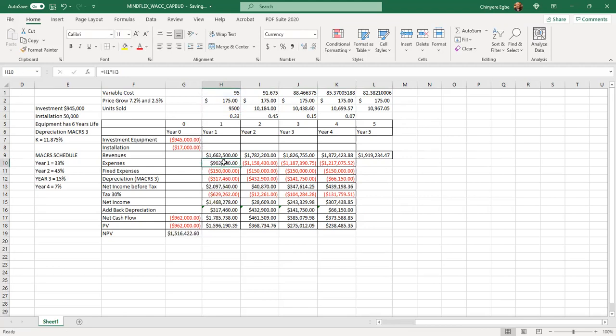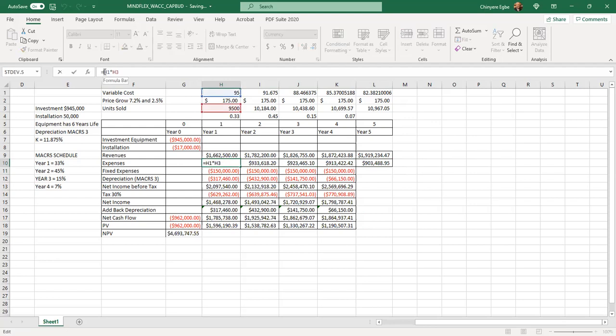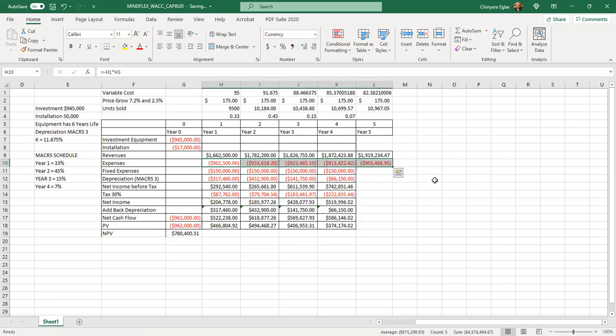So that will be the expenses and cost minus. Now fixed expenses will be fixed throughout the project.